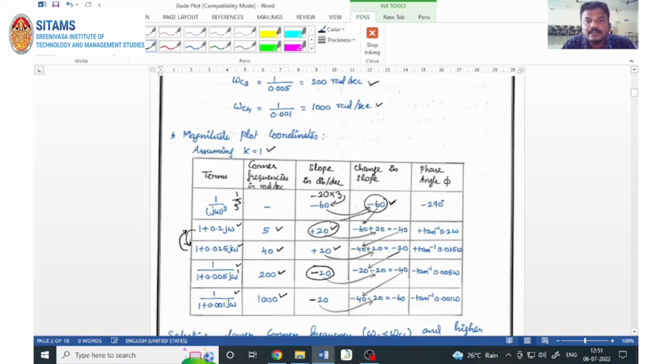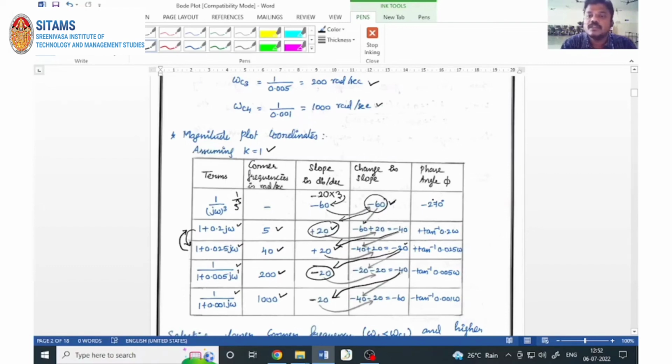You have to add both values. Similarly, for this one we get minus 40 as well. For the next term, you add this minus 40 with this plus 20, and you get minus 20. Similarly, minus 20 and minus 20 are added, and this minus 40 and this minus 20 are added. That gives you the fourth column elements.